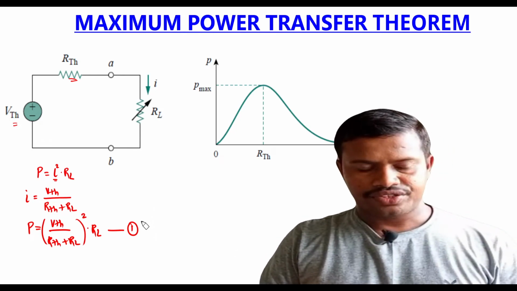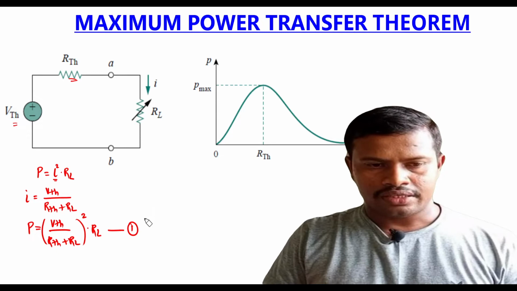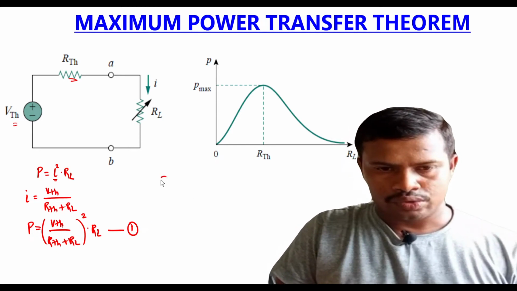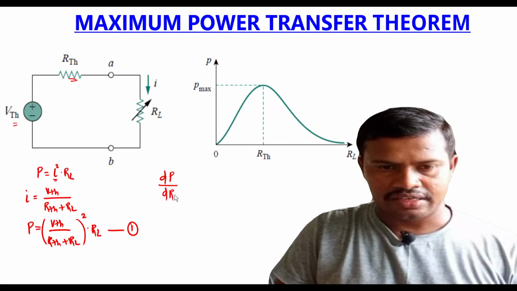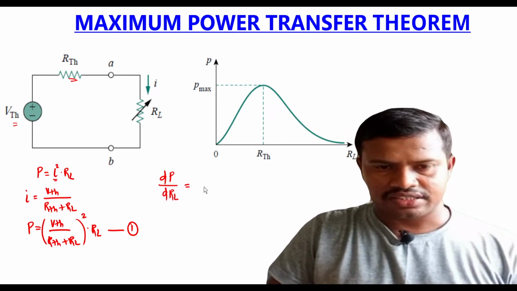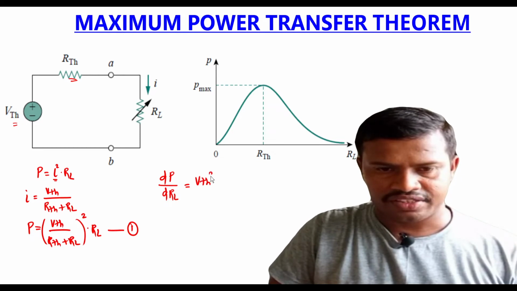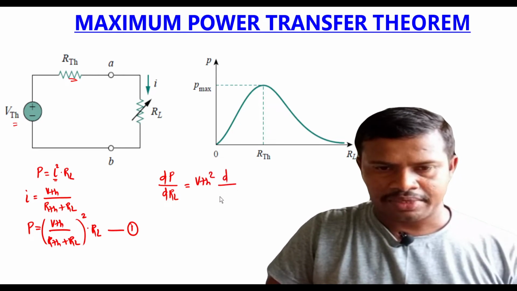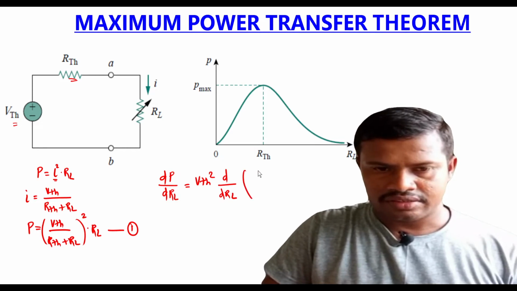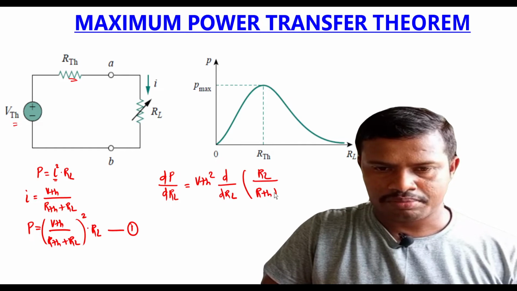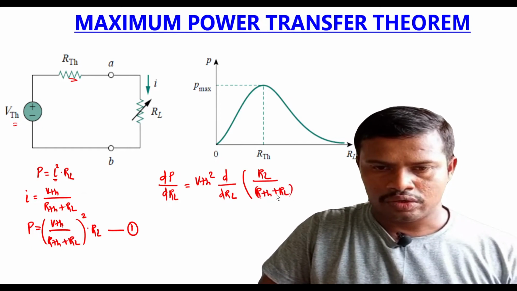Now we will differentiate equation 1 with respect to RL. So the equation will become dP divided by dRL is equal to, in this equation VTH is constant, so we will take it out, VTH square, and d by dRL of RL divided by RTH plus RL whole square.